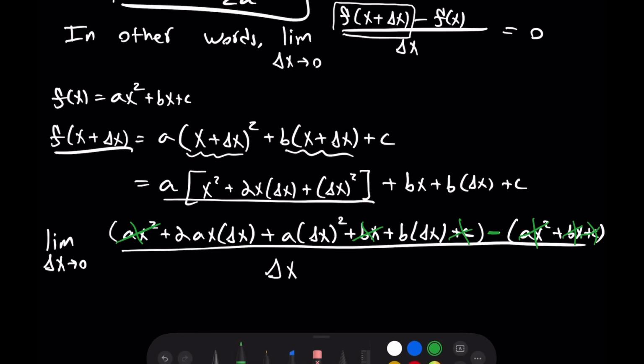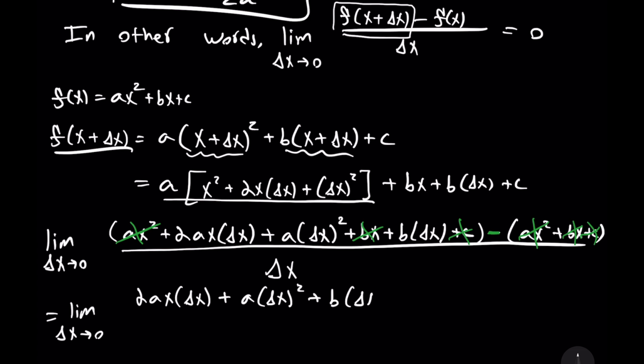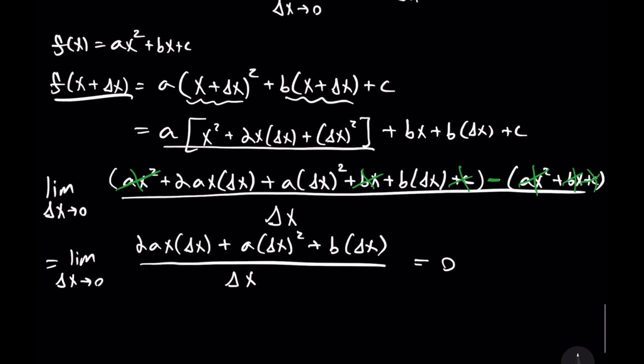And so right now, we have the limit as delta x approaches 0 of 2ax delta x plus a delta x squared plus b delta x over delta x. And by the way, this is supposed to equal 0.